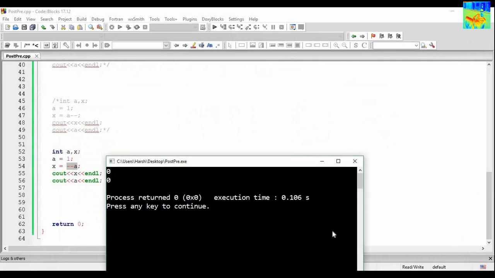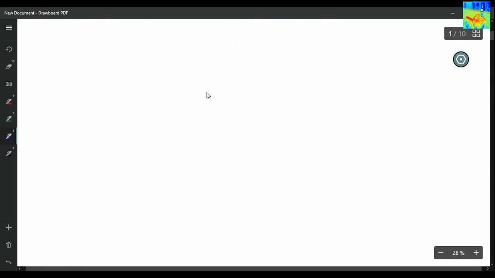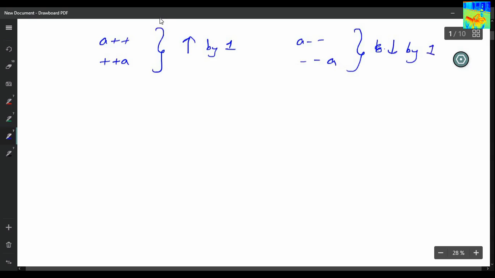So I hope the picture is clear. I hope now you know the difference between a plus plus and plus plus a, and a minus minus and minus minus a. They both increase the value by 1, and they both decrease the value by 1.